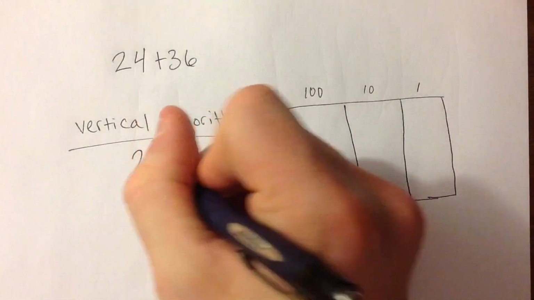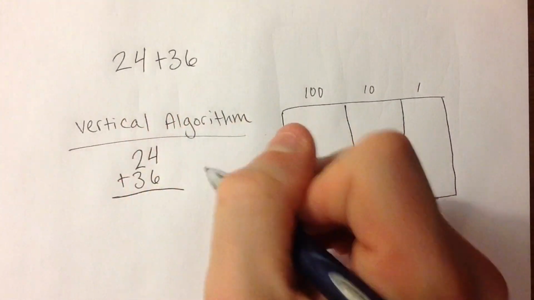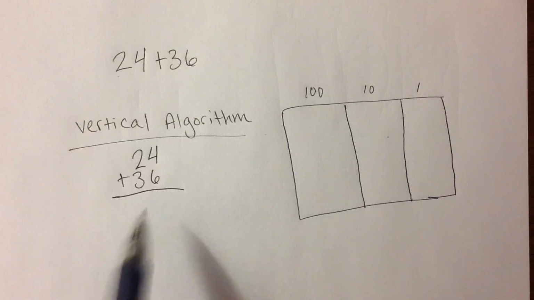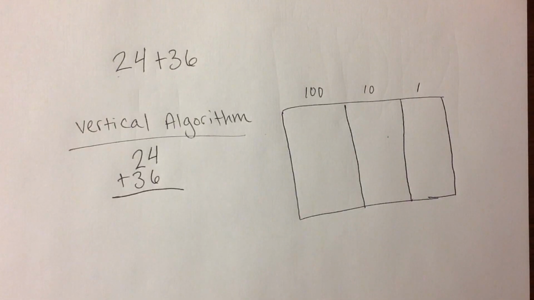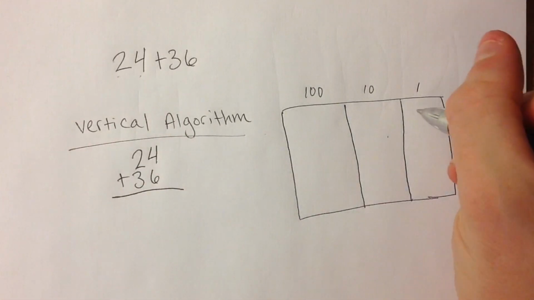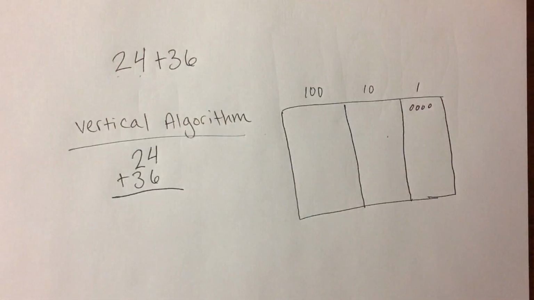To write our vertical algorithm, we're going to do 24 plus 36. So, all we do is plug each of these numbers into our place value chart and then correlate it to the vertical algorithm. So we'll start with the ones in 24. We know that in the ones place is the 4, so we do 4 chips, which just means little circles or dots.